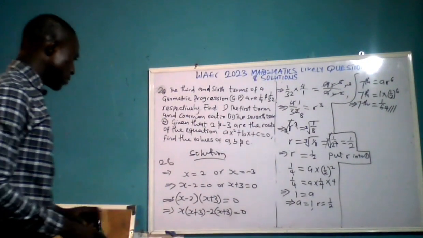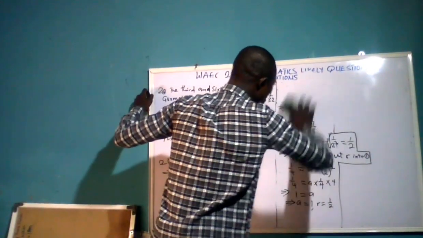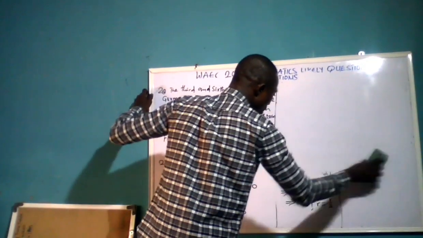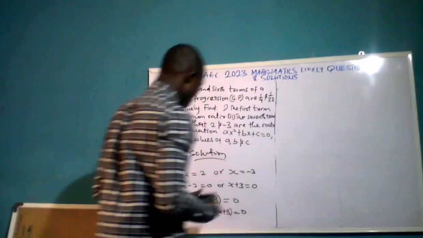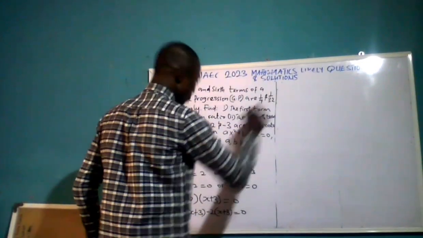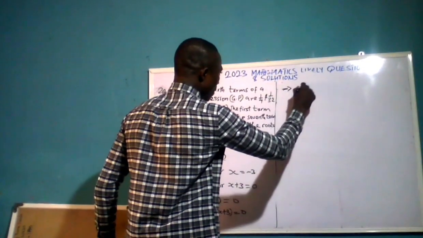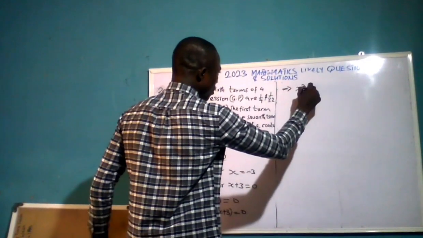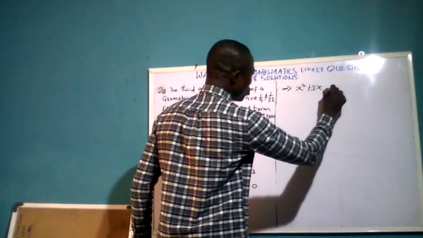Having done that, we clear the brackets and come about our quadratic equation, which we will compare with the equation given in the question, and we arrive at our answer easily. So x times x gives x squared, followed by x times 3, you have plus 3x, minus 2 times x, that will be minus 2x.